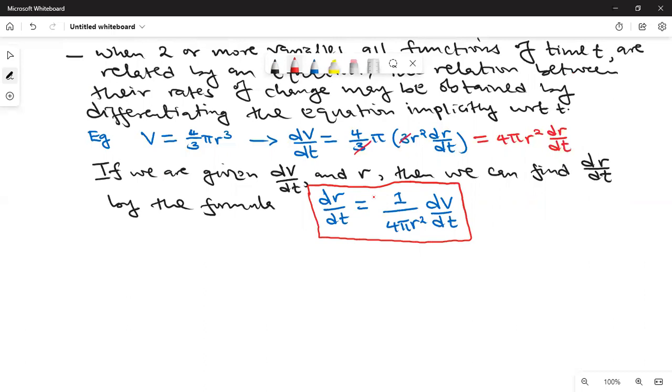Now, when you have problems involving related rates, how are you supposed to tackle such problems? We can write: to solve related rates problems, do the following.